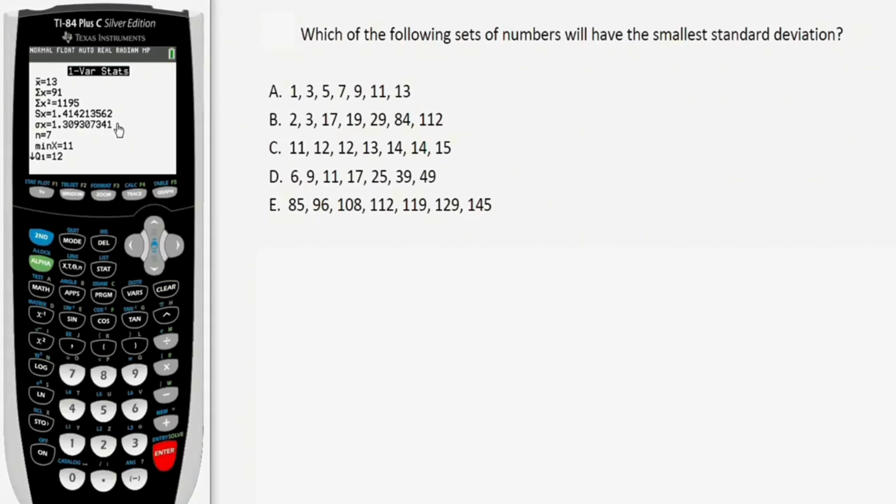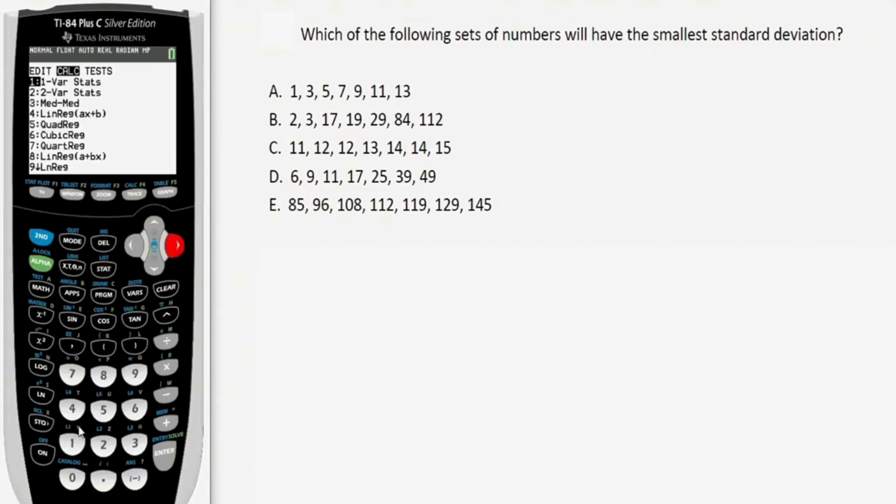Let's complete all of them. Let's check option D and see if we're going to get something smaller than what we have here. So we have 1.41, which is our smallest so far. Let's check that of option D. Clear this. Go back to start. Go to calculate.